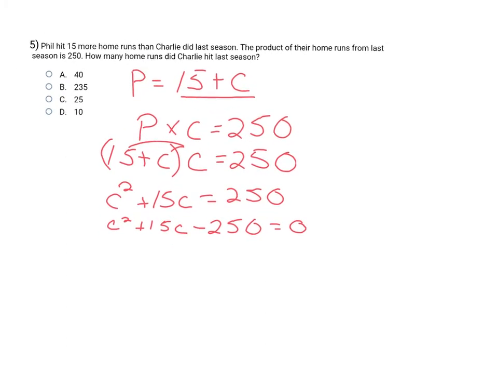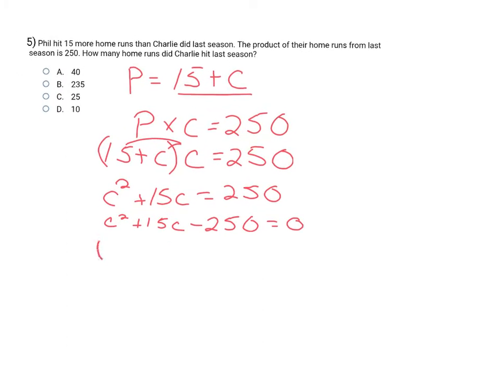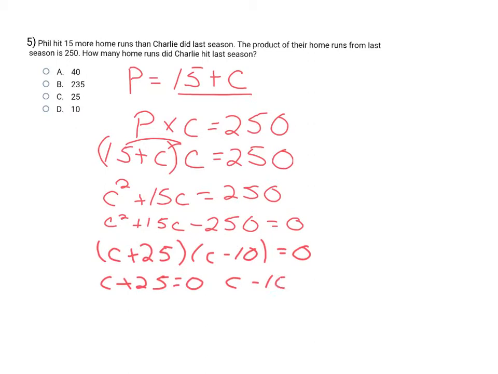And this factors into C plus 25 and C minus 10. And then in order to solve for C, I set each of these parts equal to 0 by itself. And when I solve each of these equations, I get C equals negative 25 and C equals positive 10.